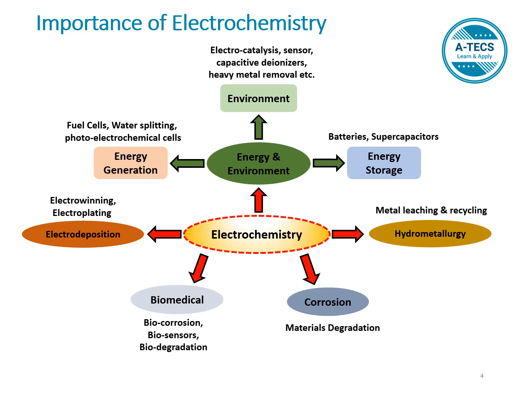Similarly, we have electrochemistry applications in the environment. We have various types of electrocatalysis. On the electrocatalysis surface, any toxic or contaminant species of one type is converted to another type of species. Then there are sensors, or in general, electrochemical sensors.